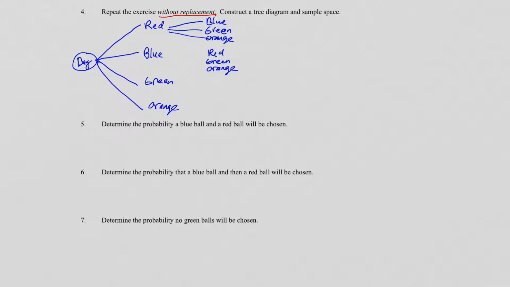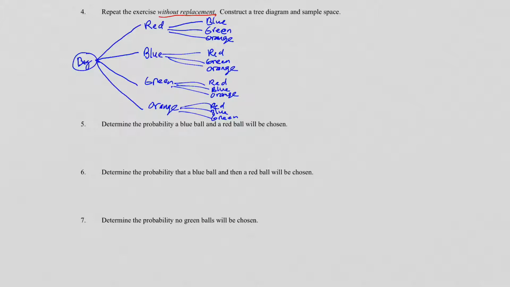If the green is gone, then I have red, blue, and orange. And if the orange is gone, then I just have red, blue, and green. So there's our tree diagram.